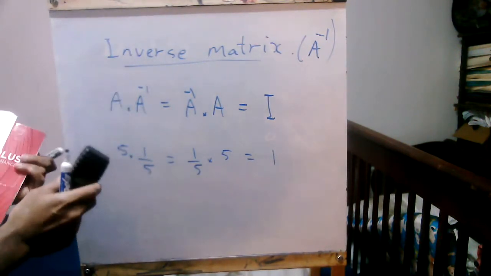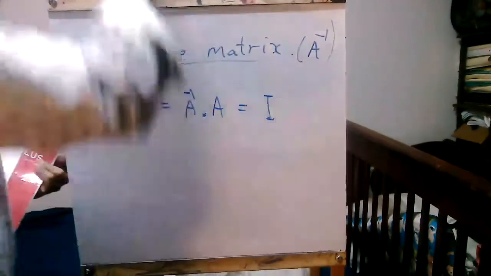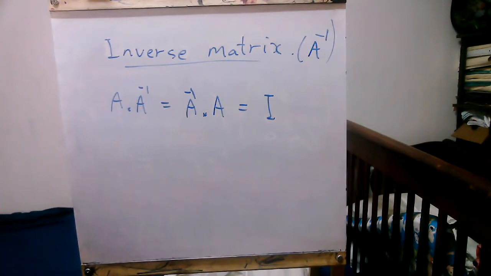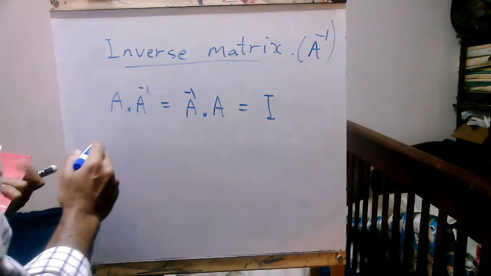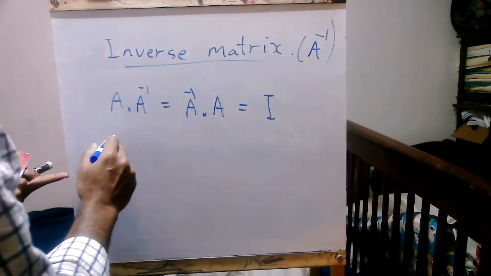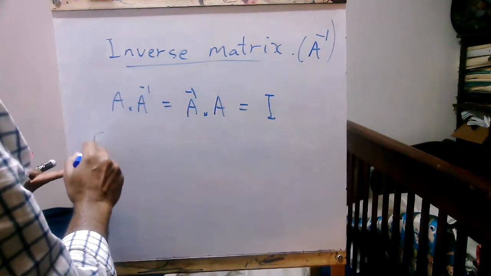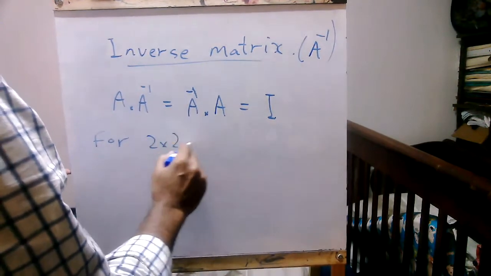I'm gonna erase this. Let me erase this line and show you an example. Now inverse of matrix A, this is for a 2 by 2 matrix.